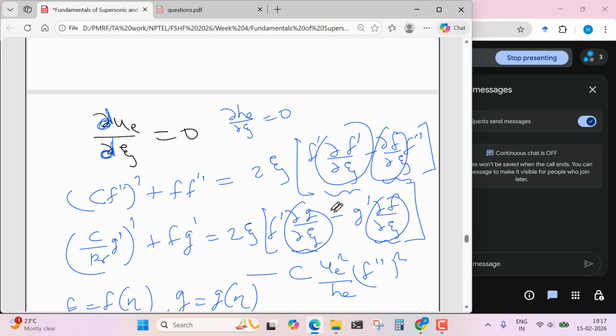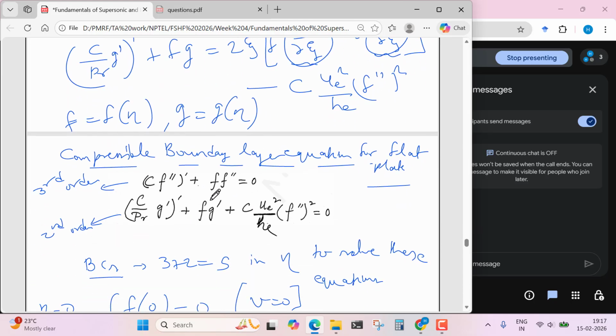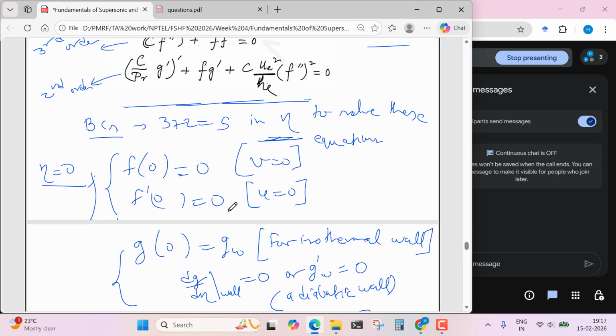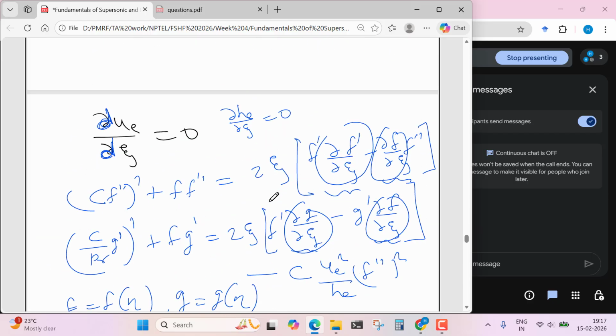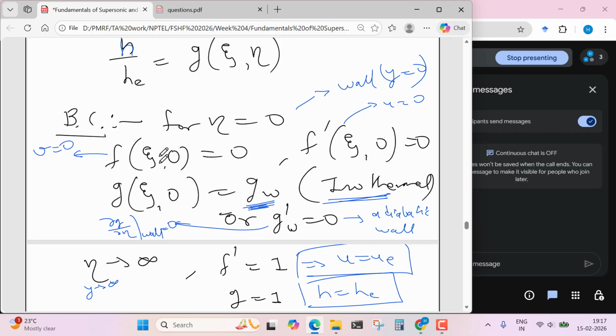So the derivatives with respect to ξ and η both exist. But for the flat plate case, you will find only the derivative with respect to η. So that's why this is nothing but an ODE which you can solve, because this is only in η. Only one variable is there. And the boundary conditions you can find directly. They are similar to before only. There is no difference. Only the ξ will go away.